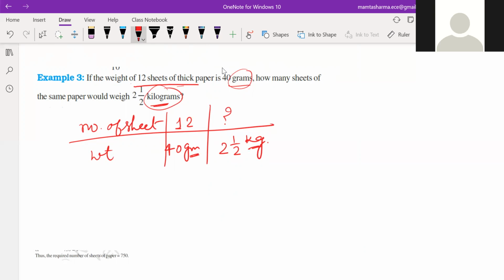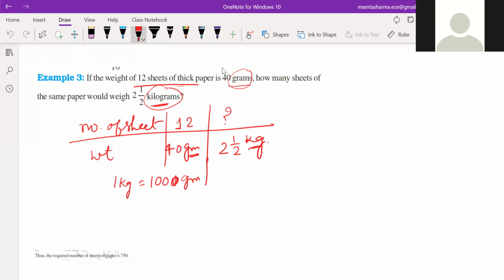You can convert this gram into kilogram. That would be easy, I think. 1 kilogram equals how many grams? 1000. 1 kilogram equals 1000 gram. Then 40 gram will be how much kilogram? Convert kg to grams, no?